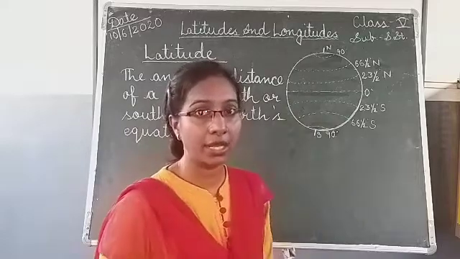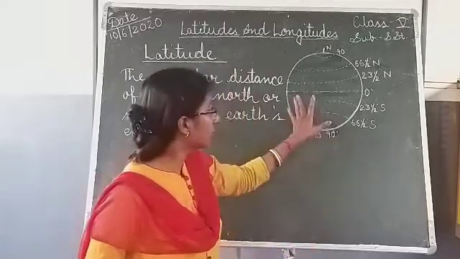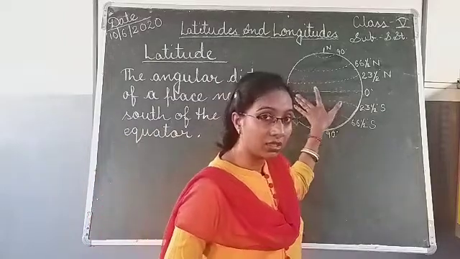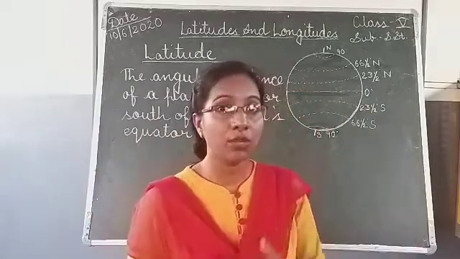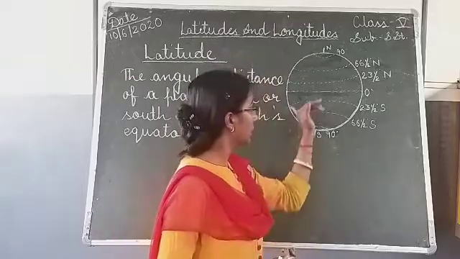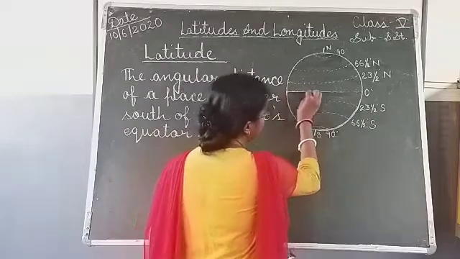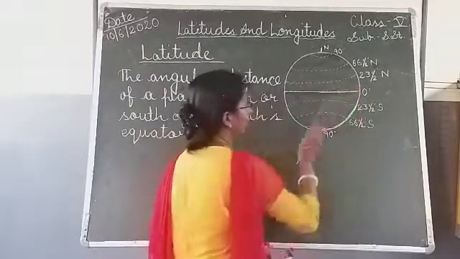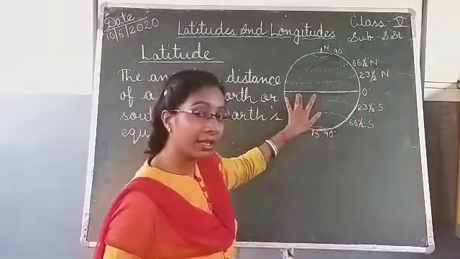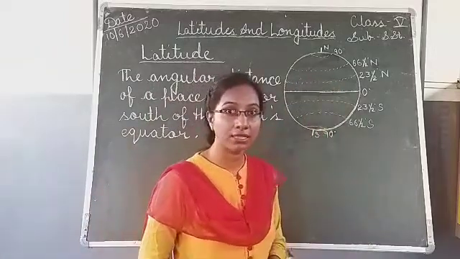The question arises, what is a hemisphere? On our Earth, there is one more imaginary line. It is called the equator. This one is the equator, and this line divides the Earth into two equal parts.